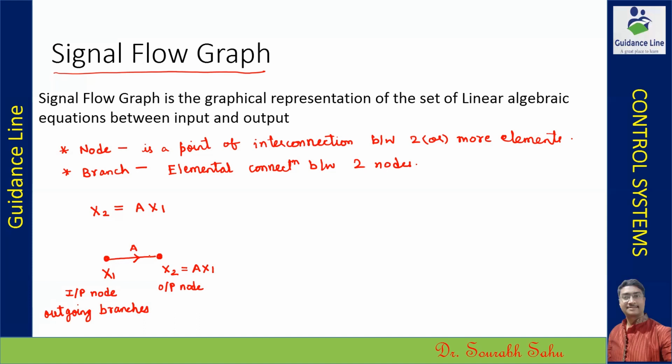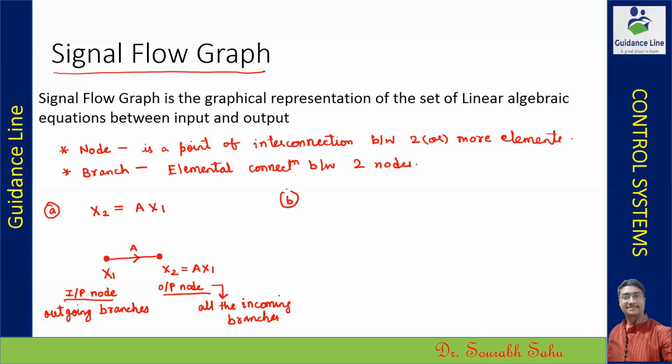Likewise, the output node has incoming branches. You can see this node has an incoming branch here. Suppose this is example A.